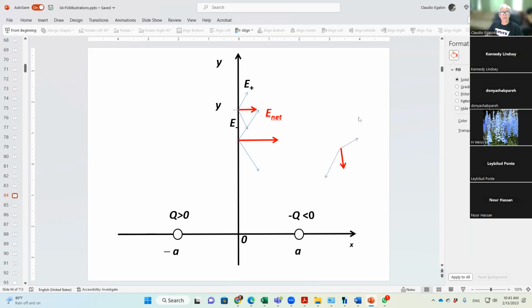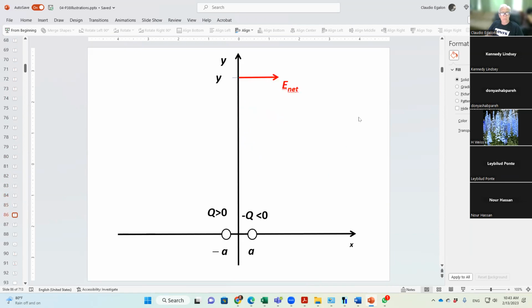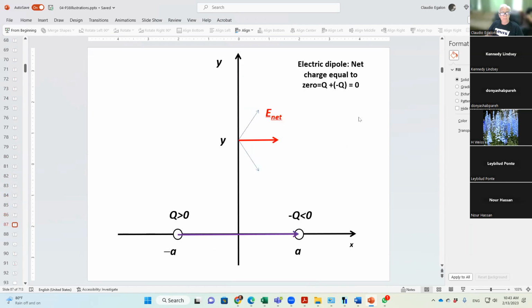We can do this for distances further away along the axis, and at other points as well. Okay, so here you go. Remember, this is the electric dipole.